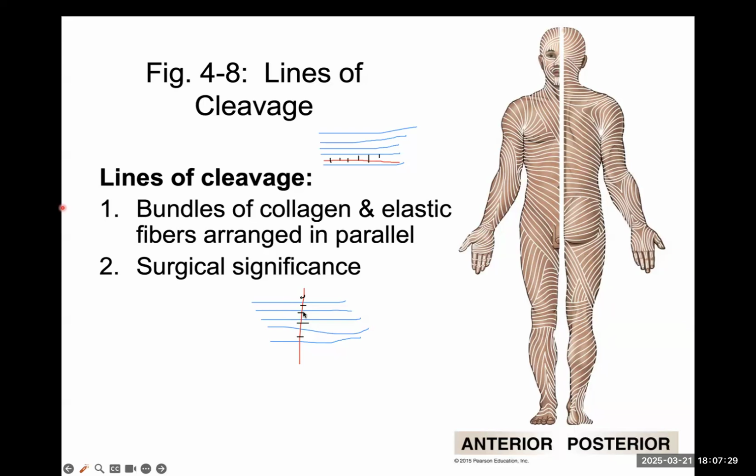As a consequence, it's going to pull on the wound a bit, and maybe it's going to open up, and if it doesn't open up, maybe it'll be all red, and if it opens up, it gets exposed to the air and so forth, and maybe you end up with a nasty scar because the surgeon cut perpendicular to the cleavage lines.